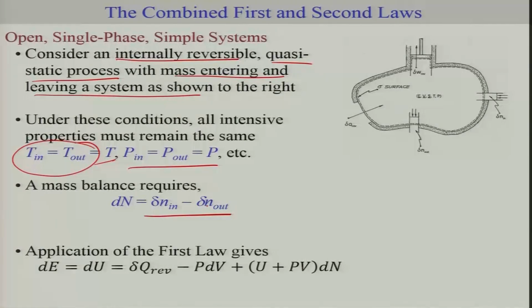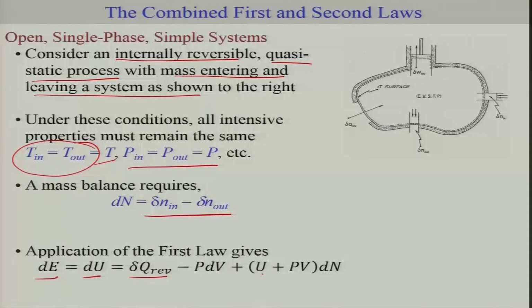Now, let us apply the first law on the system defined by this dashed curve. In this case we are ignoring the changes in the kinetic energy and the potential energy. So, what you have is dE equal to dU, and that would be delta Q reversible minus any boundary work, plus we do have a flow.